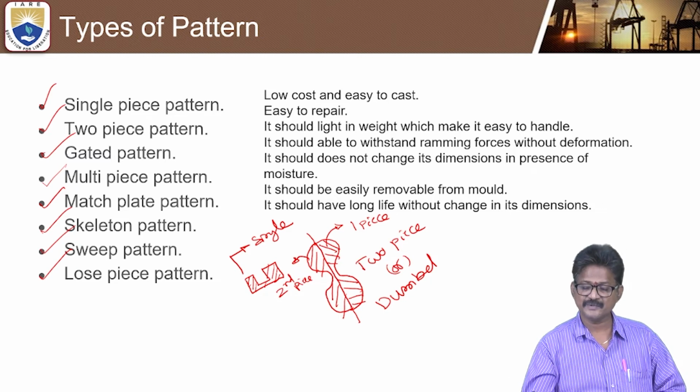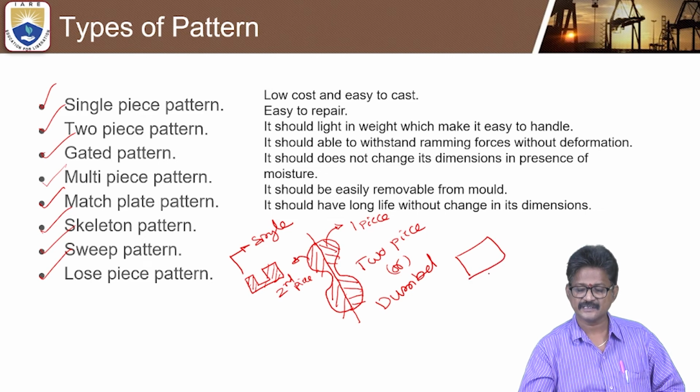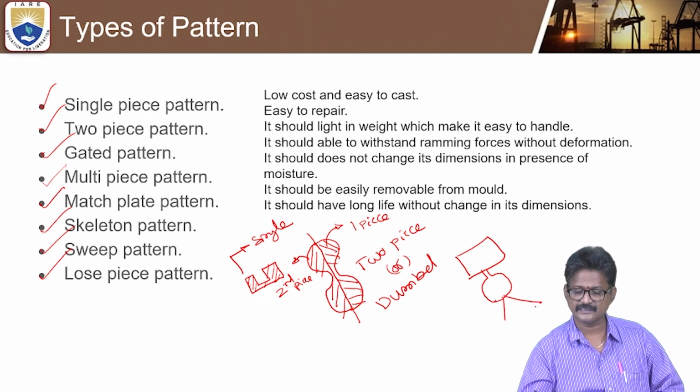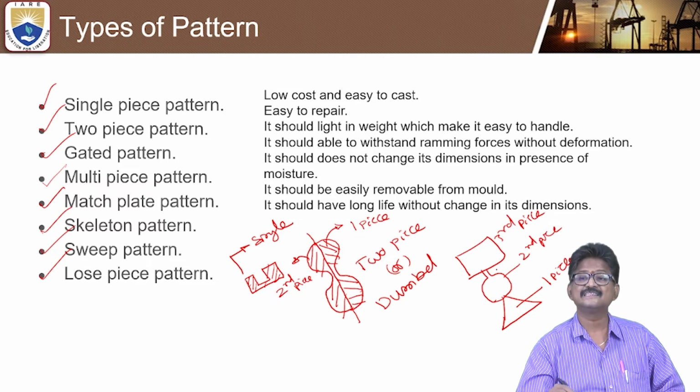So for example, three piece means first one piece is there, and here it can hold another piece. So this is the first piece, this is the second piece, this is the third piece. So that's why it is a three-piece pattern.